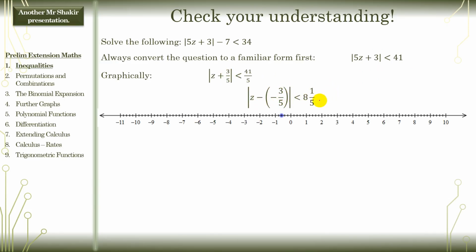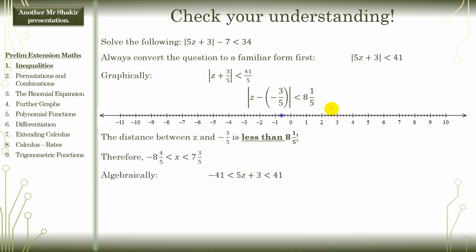The distance of z from negative 3 3/5 is less than 8 1/5. Plot on the number line. Count 8 1/5 in either direction. So 0 will be 7 something, probably something like there. Hopefully I didn't make a mistake.